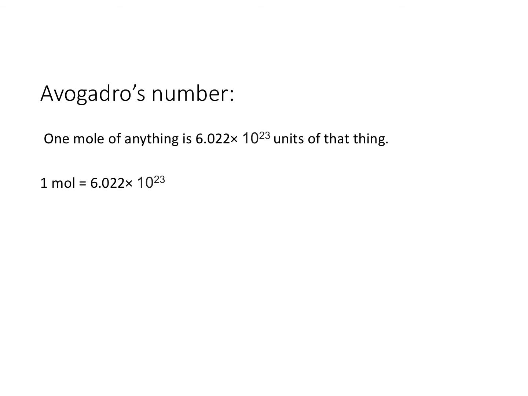So if I ask you to calculate number of molecules, you say 1 mole of that compound or molecule would be 6.022 multiplied by 10 to the power of 23 of that molecule. And I expect you to know this number, and I repeat it several times during the class, so you'll be more comfortable with that.